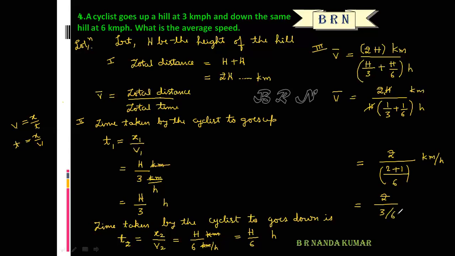So 1 by 2 is shifted to the numerator. 2 into 2 is 4 kilometer per hour. So the average speed of the cyclist is 4 kilometer per hour.